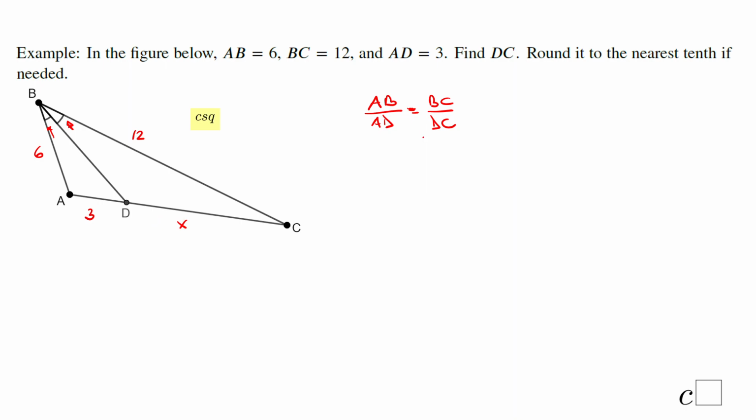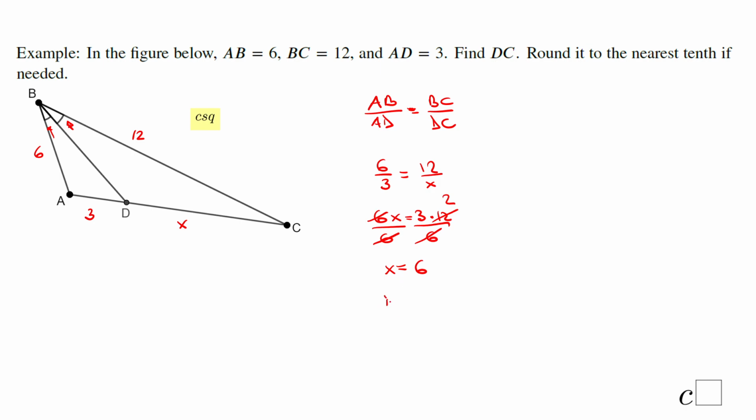So we're gonna have AB over AD, 6 over 3, equals BC over DC, 12 over X. Again, cross multiplication here, 6 times X equals 3 times 12. Gonna divide by 6 to solve for X. Again, we're gonna simplify here, but the math is not super complicated. 6 goes in 12 2 times, so we have X equals 3 times 2, which is 6.